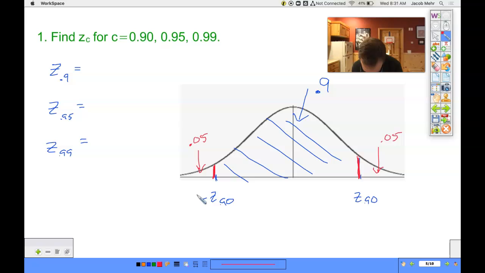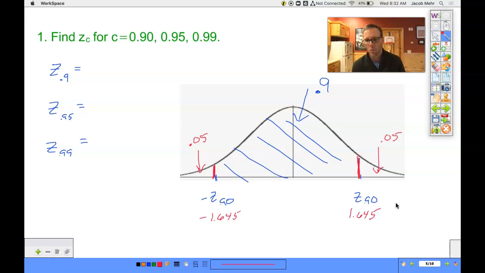I see that to be at negative 1.6, and if I split the difference here, I'm going to say it's negative 1.645. So this is negative 1.645 for that negative z-score, which tells me this z-score should be at 1.645.